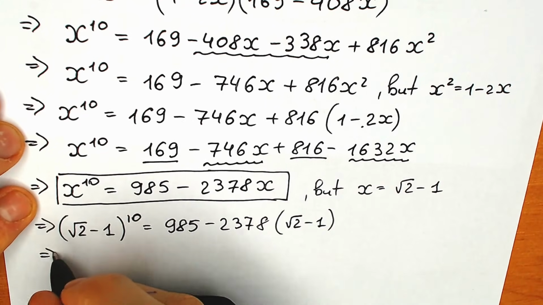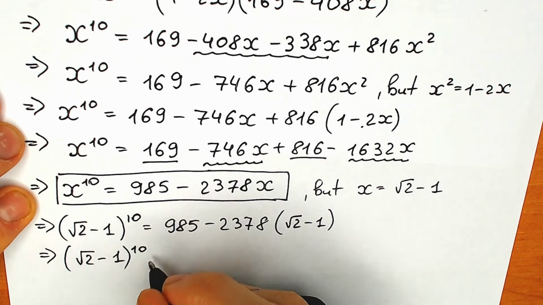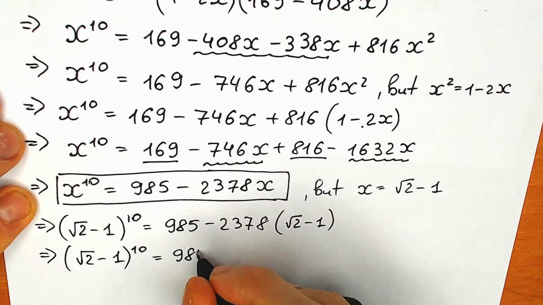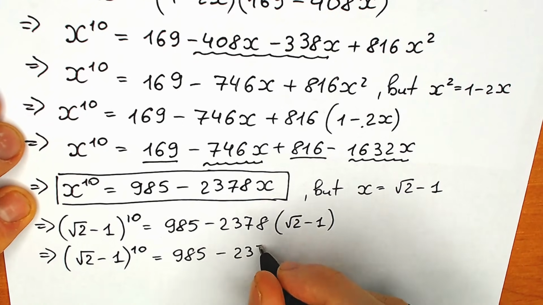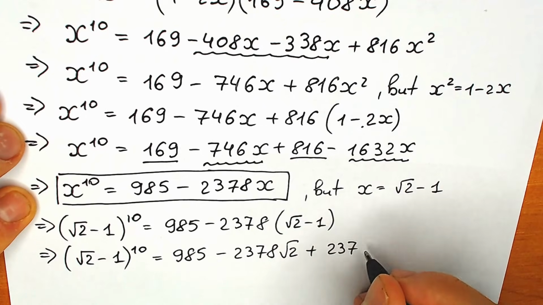Okay, right now we have (square root of 2 minus 1) to the power 10 equal to 985 minus 2378 square root of 2 plus 2378.